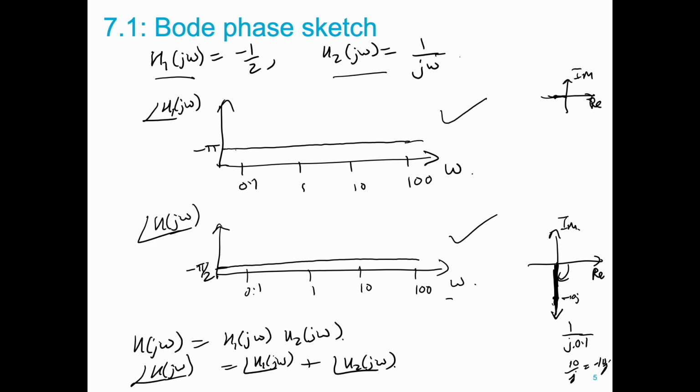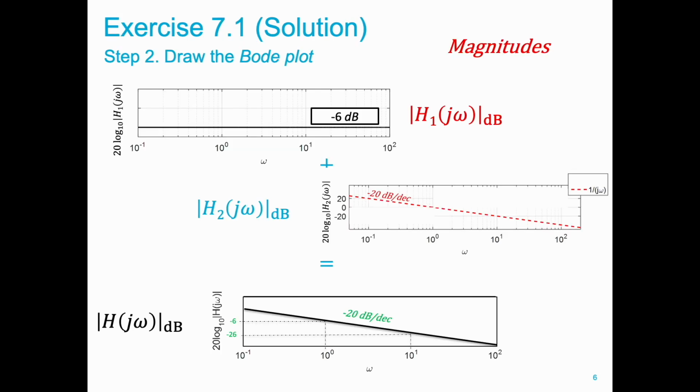I'm going to add minus pi with minus pi over 2, and what you end up with is minus 3 pi over 2, and this phase stays flat for all frequencies. This is how you can figure out the Bode phase sketch, by simply adding the phase sketches associated with each building block. So as you can see, this is the solution that we had obtained in the last slide.